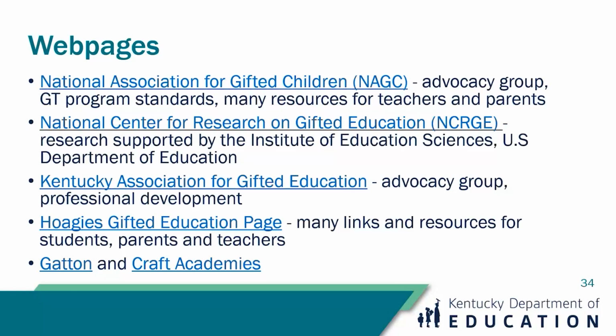There are lots of different links to good resources on their webpage, and they also are trying to build up resources for parents in our state. Another resourceful page that you might find helpful is Hoagie's Gifted Education page. It's just a potpourri of really good resources for parents, for teachers, administrators, and for students.